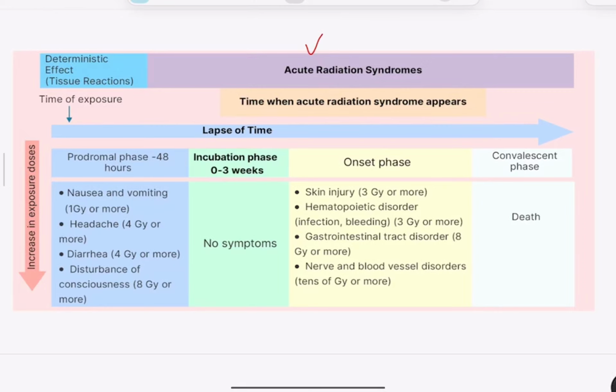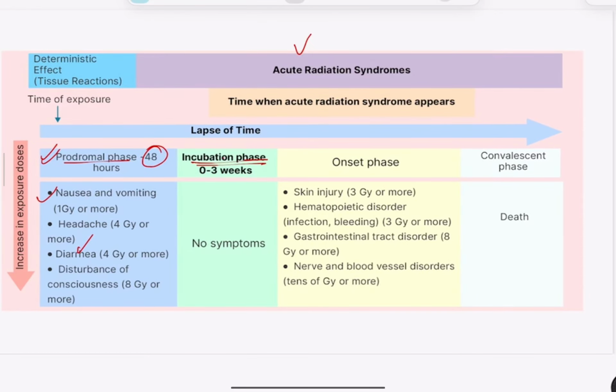Going to acute radiation syndrome, where there is sudden exposure to a high dose of radiation, more than around 1 to 2 grays, this syndrome occurs. First is the prodromal phase, where there is NVD: nausea, vomiting, diarrhea. Then comes the incubation phase, the asymptomatic phase, and then come the real manifestations.